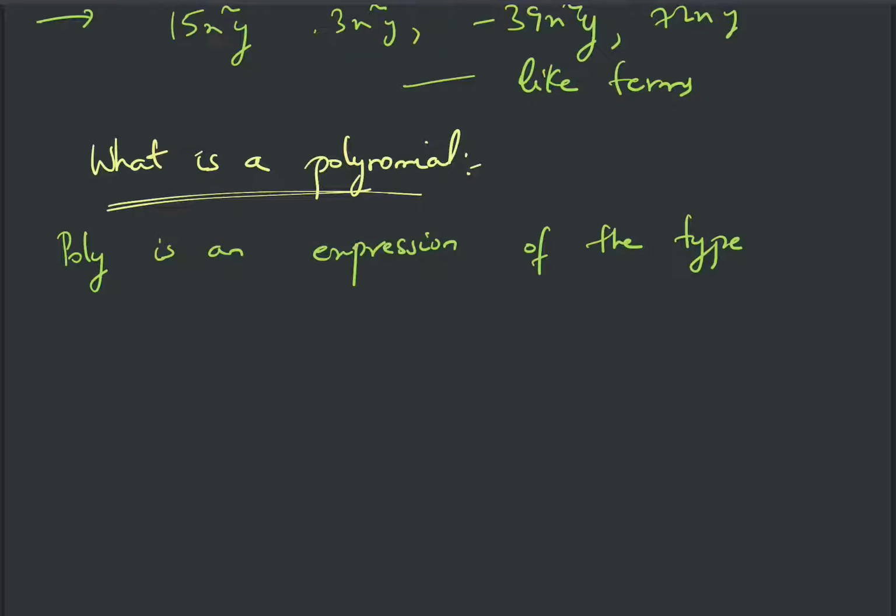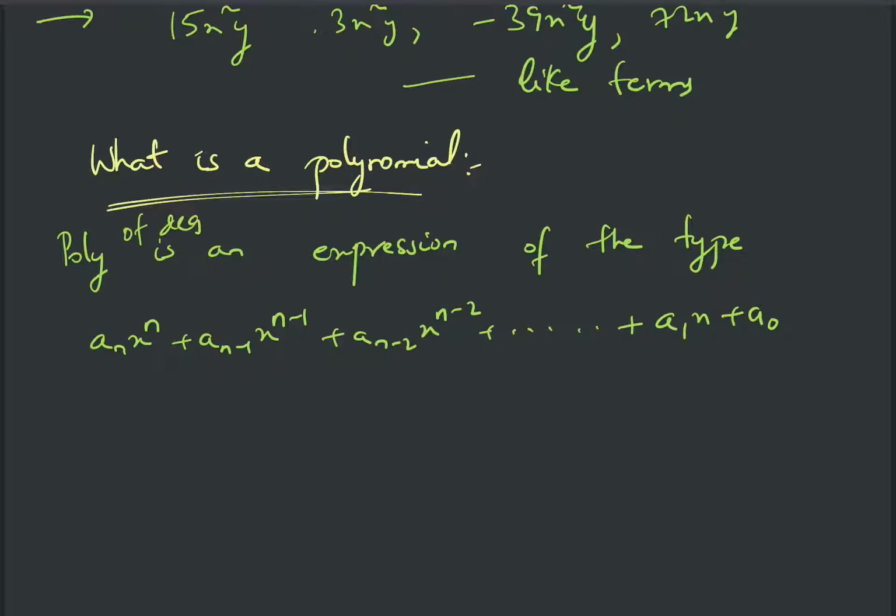Generally, the standard polynomial is an expression of the type an x power n plus an minus 1 x power n minus 1 plus an minus 2 x power n minus 2 plus so on, plus a1x plus a0. And let me also mention the conditions for a polynomial of degree n.